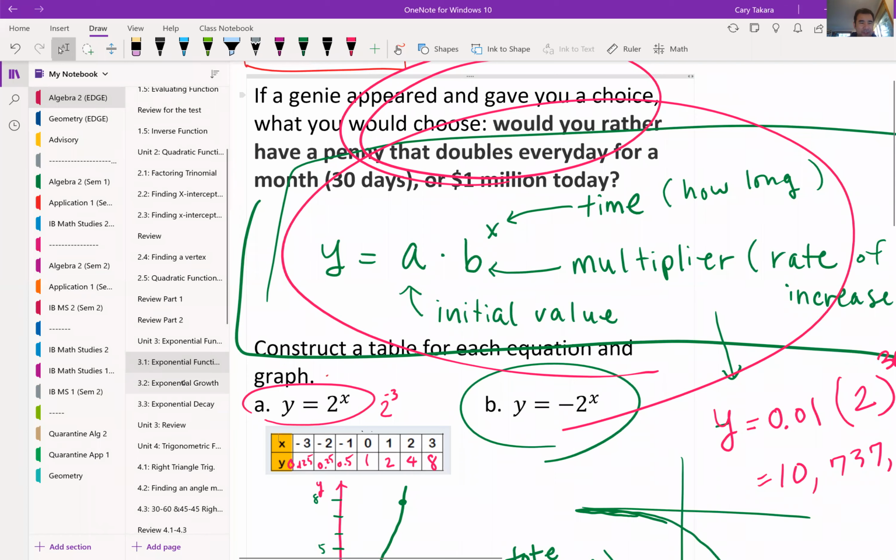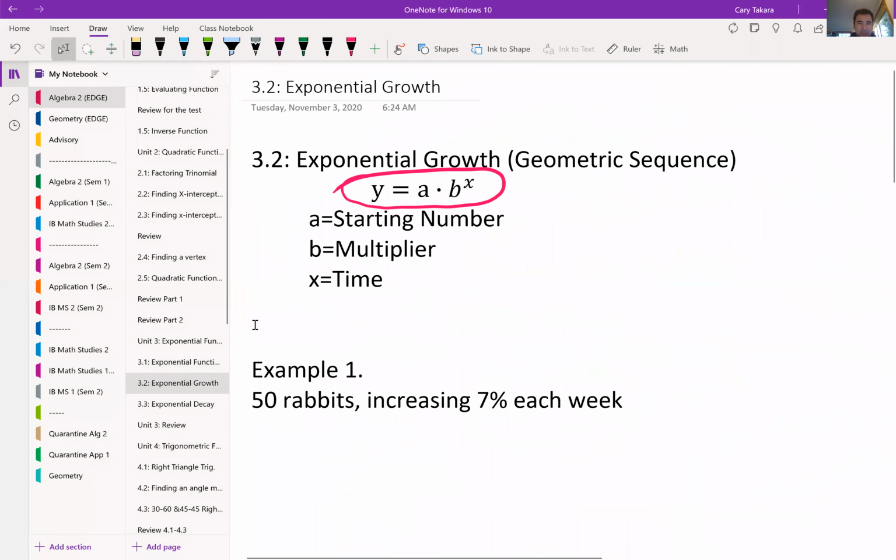Let me show you today's notes. A represents the starting number, or we use the word initial value. Whatever the number you start with.